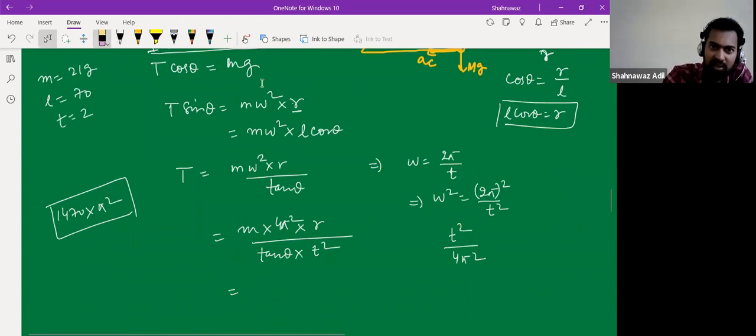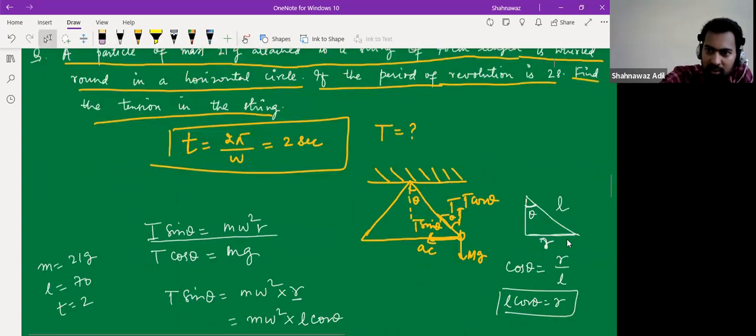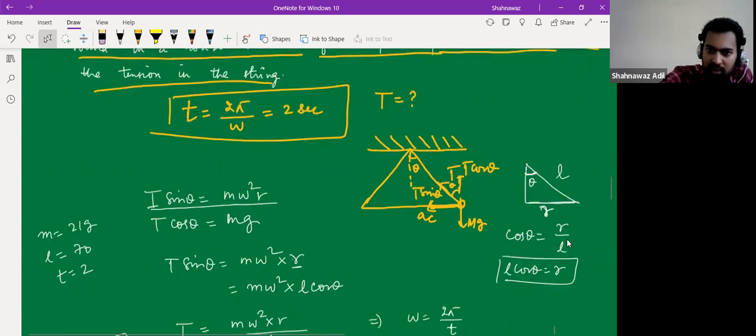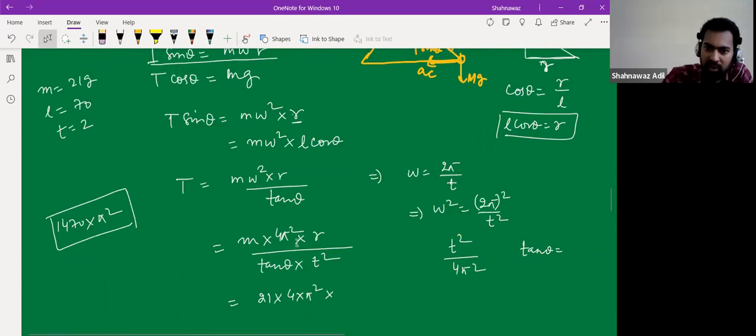Did anybody else get the same answer? Anybody else got the answer? So tan theta was what? Okay, so I should have calculated from... R is not given.